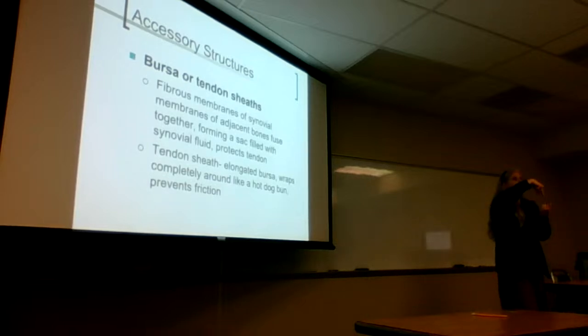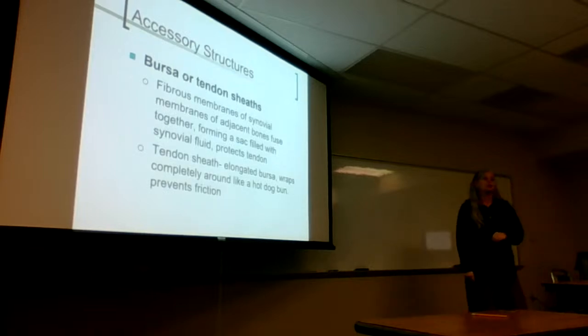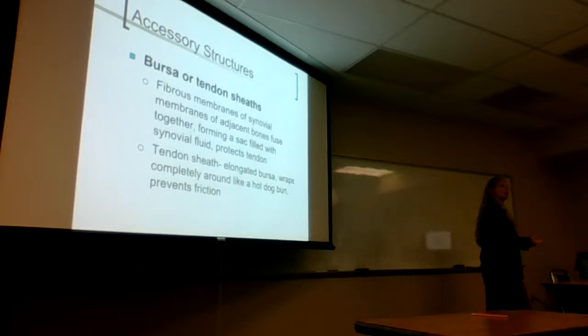You don't poke the chili with your finger while you're eating. And hopefully, if you hold the bun secure enough, when you bite into the chili dog, the wiener doesn't shoot out across the room, right? Yeah, see, now I've ruined eating chili dogs for you. I want you to be like, this is like my tendon sheath and my tendon. Right? It doesn't move. It's going to protect it. So that's all a tendon sheath is, a really long bursa wrapping around a tendon.